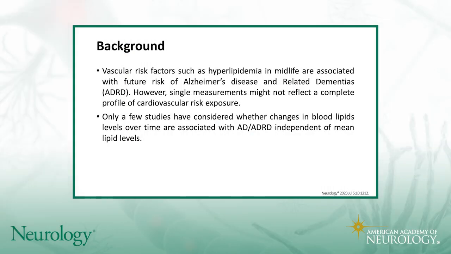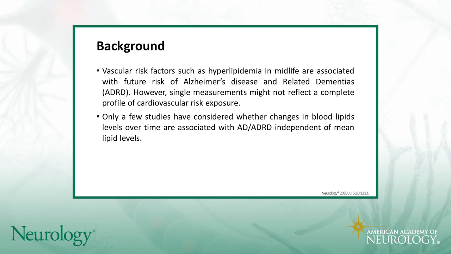So the very first thing that we wanted to talk about is the background of this study. We know that vascular risk factors such as hyperlipidemia in midlife are associated with high risk of Alzheimer's disease and related dementias.